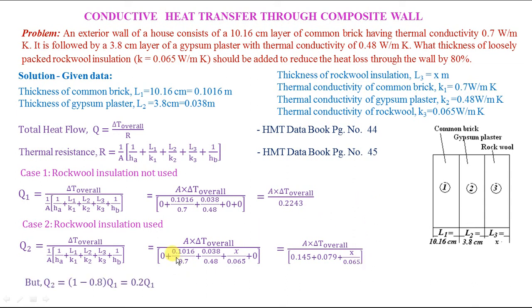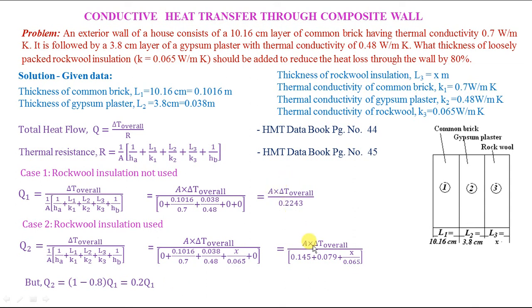But we have the relation that Q2 is equal to 1 minus 0.8 Q1, to reduce the heat loss through the wall by 80% when insulation is used. So the relation will be Q2 is equal to 0.2 Q1.